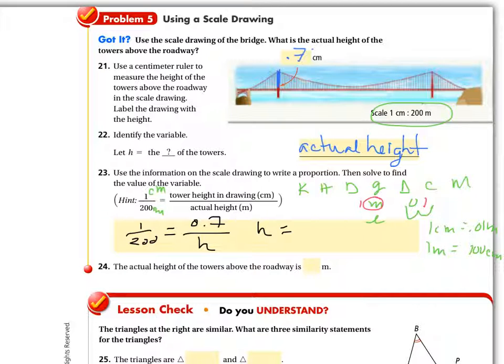What's 7 times 0? 0. 7 times 0? 0. 7 times 2? 14, and then you've got to put in 1 decimal place. So isn't h equal to 140 what? If this is centimeters, what was this one down here? Meters. So then my answer here is meters. So the actual height of the tower above the roadway is 140 meters.